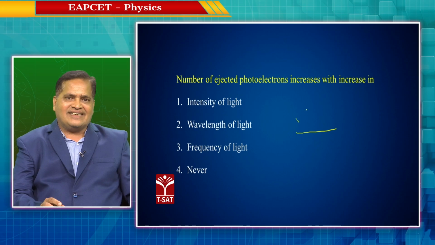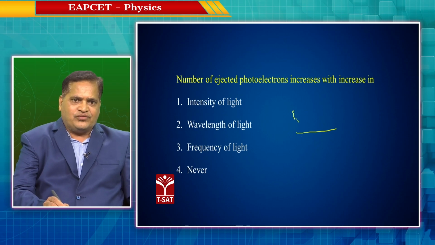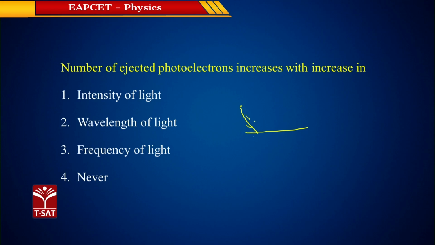When light rays fall on these metal substances, photoelectrons are emitted. Okay children, when the intensity of light increases, the number of ejected photoelectrons also increases.